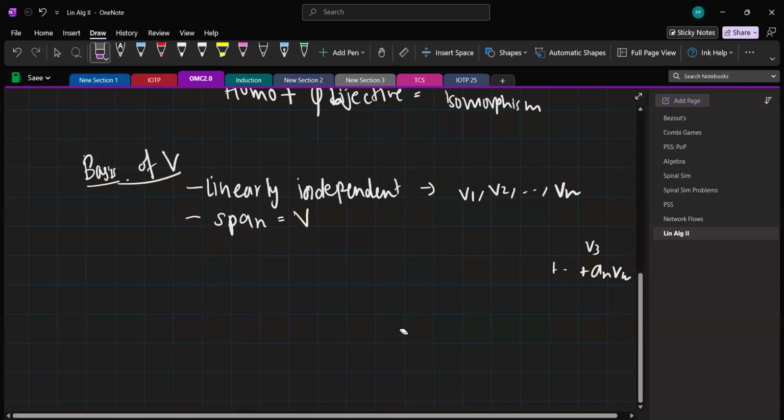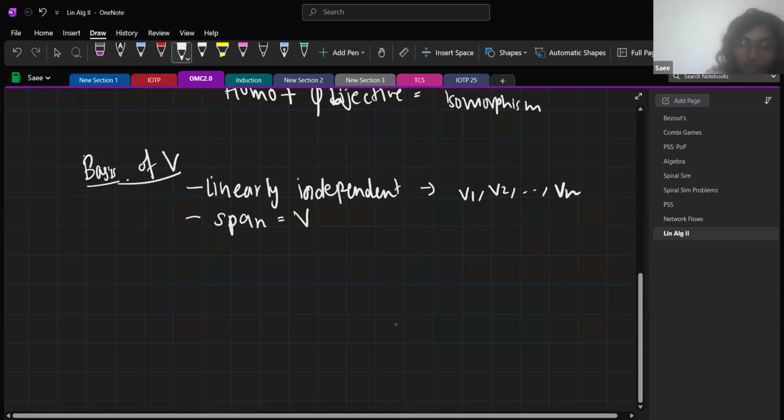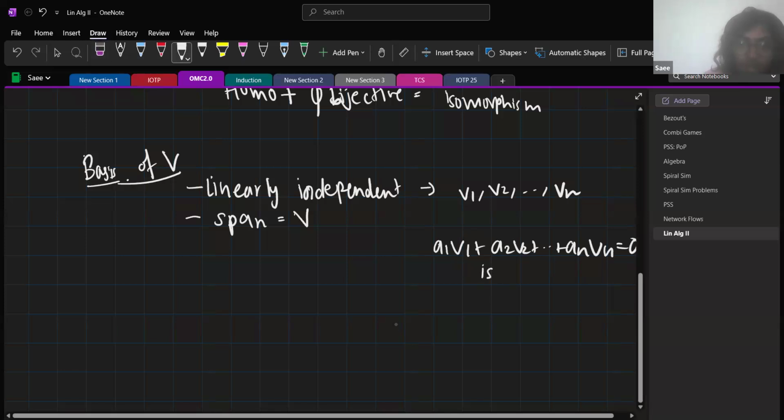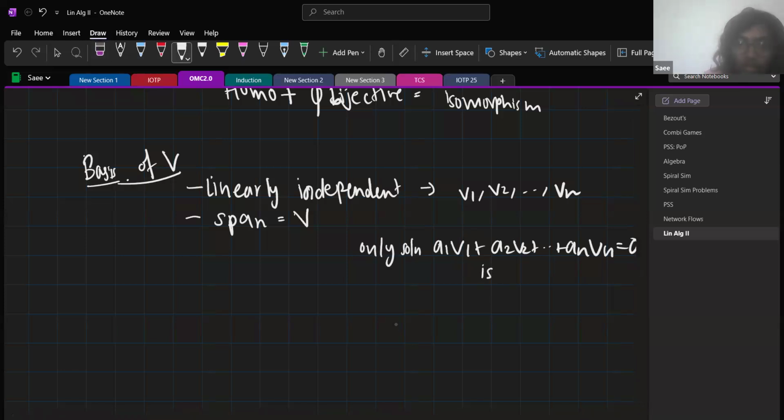A more formal definition is that the only solution to A1 V1 plus A2 V2 up till An Vn equals 0 is when all the Ai are equal to 0. Notice that the Vi are vectors and the coefficients are coming from the field.